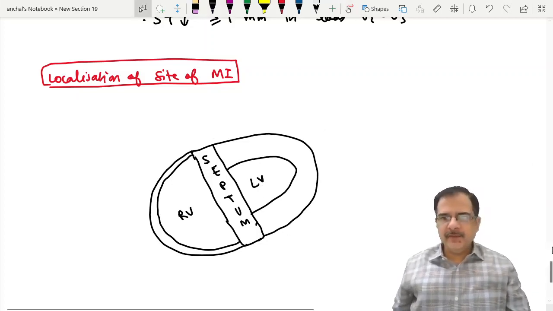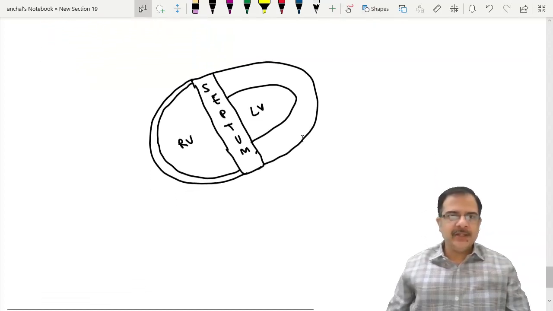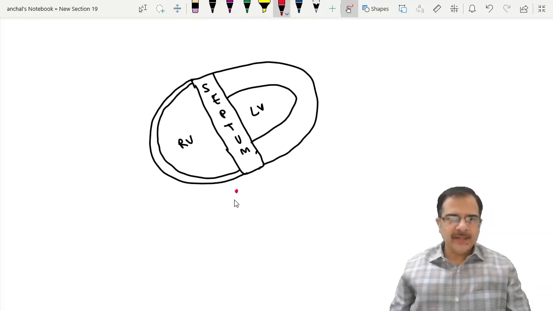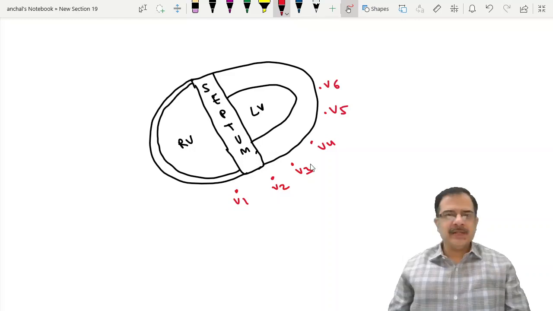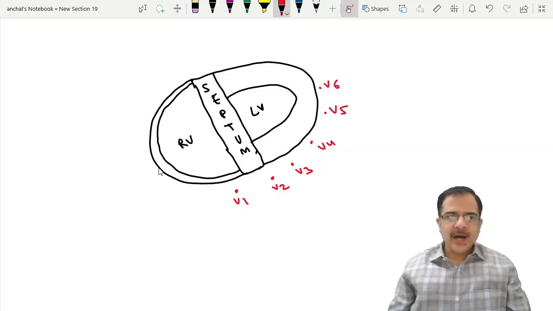And if we look at the ECG lead placements here, V1 is here, V2 is here, V3, V4, V5. So these are the chest leads which are present here, and the arteries.